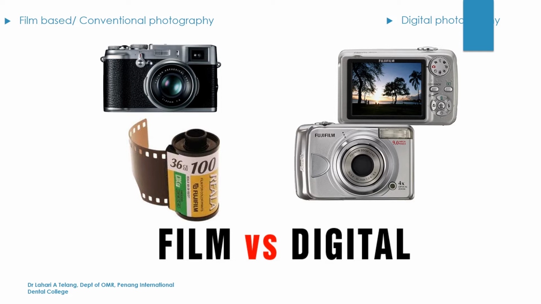Why am I comparing photography to radiography? The principle behind taking an image is nearly the same, just that in radiographs we use X-rays as the source of energy, whereas in photographs you use visible light.